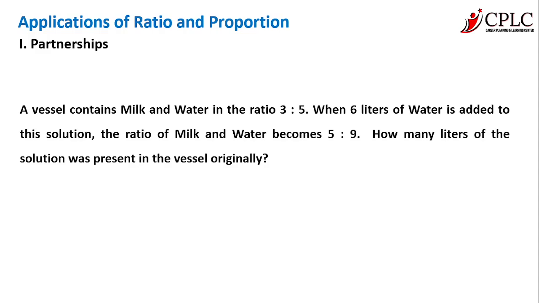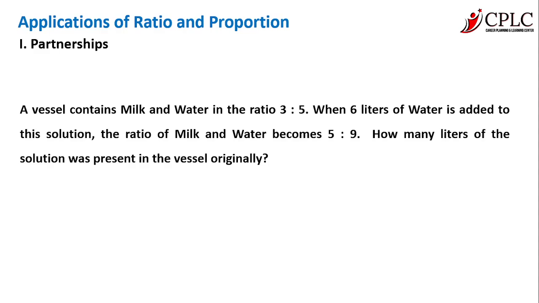When we say the ratio of milk and water is 3 is to 5, it simply means that milk's value is any multiple of 3 and water's value is any multiple of 5, for example. So that means we can form equations.